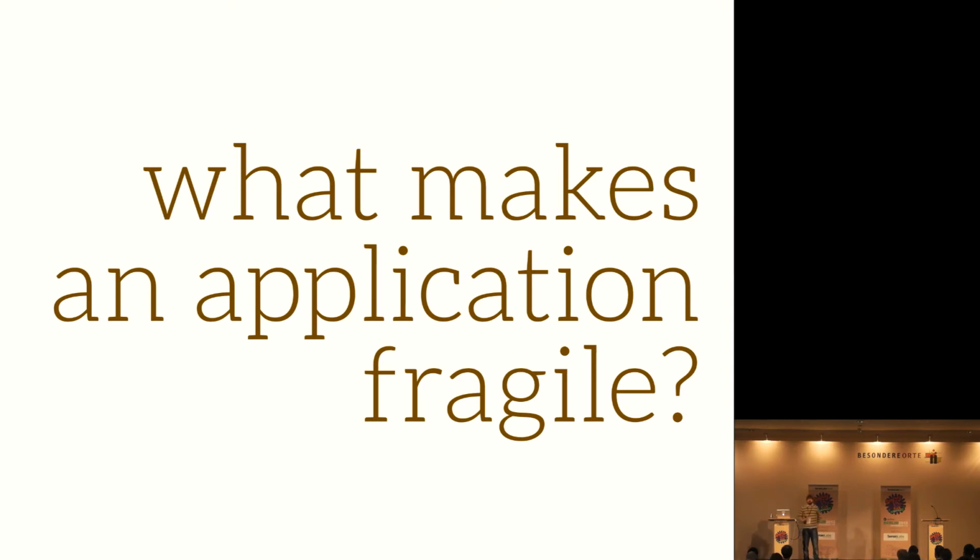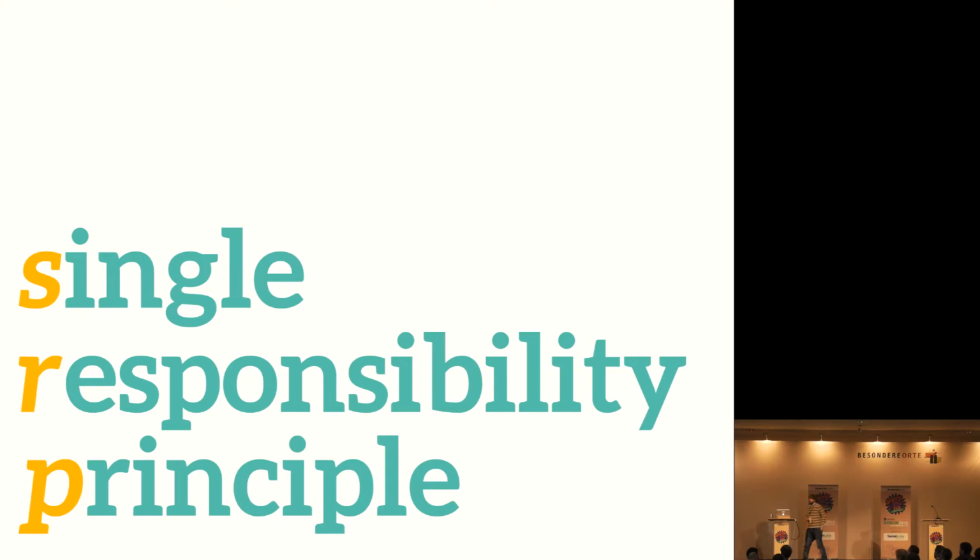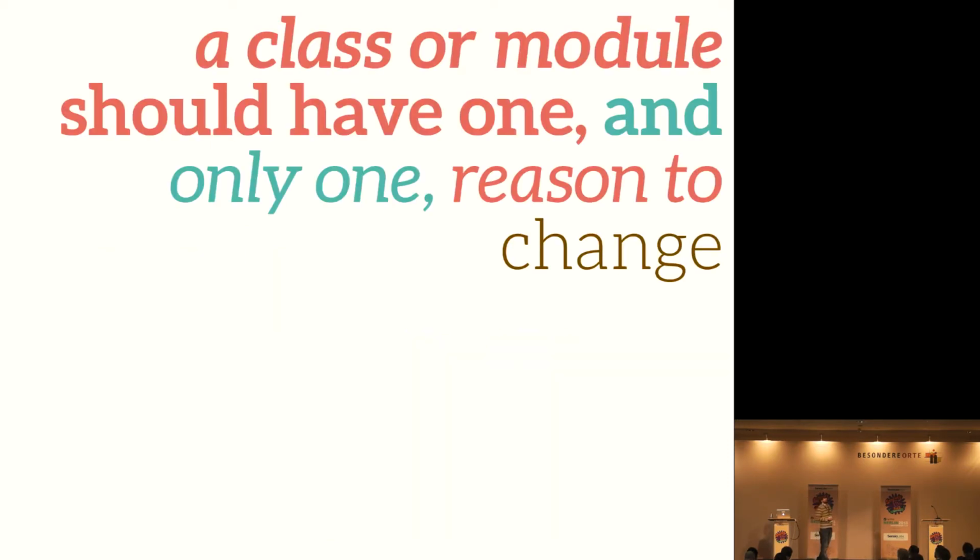For me, one of the things that makes these applications fragile and difficult to change is violations of some of the SOLID principles. The first is the single responsibility principle: we're making things within applications responsible for too many things, and there are too many reasons to change them. This is why changing applications gets hard further down the line as they grow more complex.